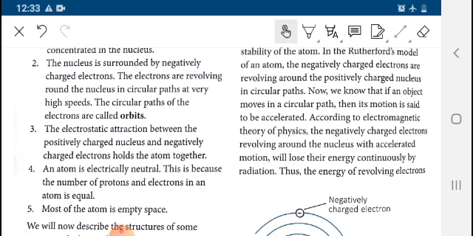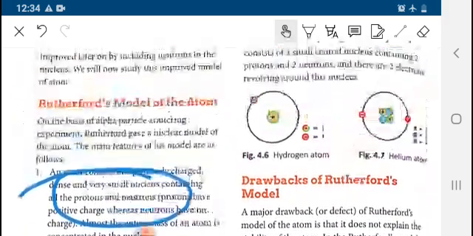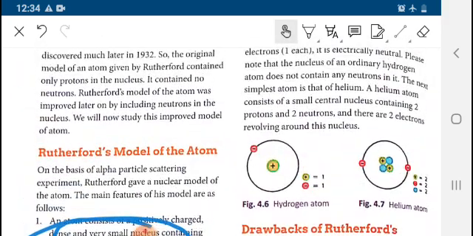From the Rutherford experiment, we also came to know that the atom is electrically neutral and there is a lot of empty space present in the atom. So you can see how a hydrogen atom is represented. In the center there is the nucleus. In the nucleus there are neutron and proton.